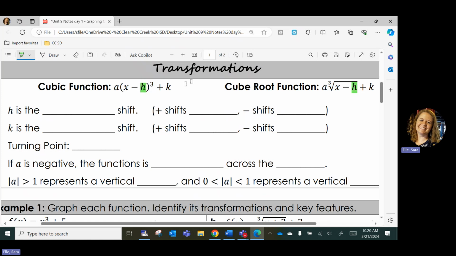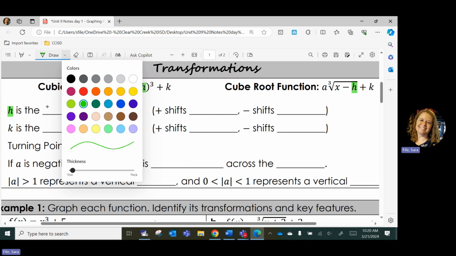When I say inside for cube, that's inside these parentheses. It's part of what is being raised to the third power. For cube root, it's under the radical, right? It's being added or subtracted from x inside. Does anybody remember what H does to the graph? What type of transformation that is? The horizontal shift. Good.